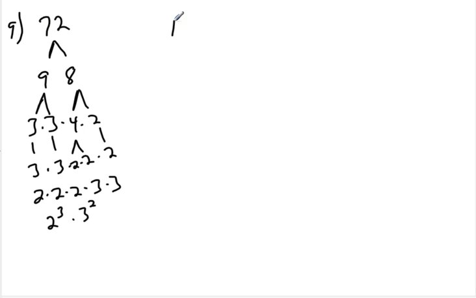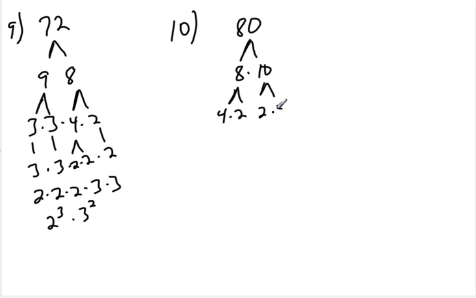Prime factorization number 10 starts with 80, so we have 8 times 10. We have 4 times 2. We have 2 times 5. Keep in mind, every level of your tree, or every row in your tree, should multiply together to get 80, and I highly recommend you double check every once in a while.